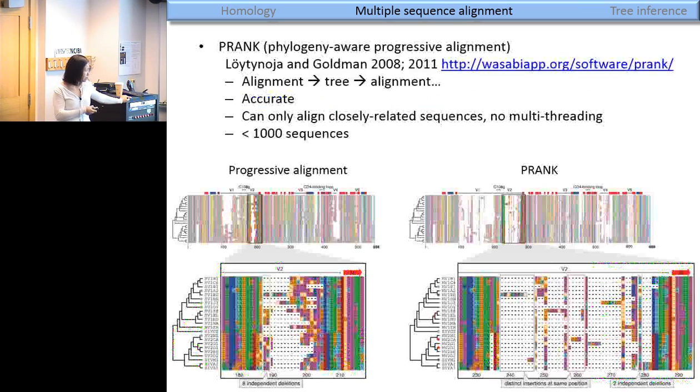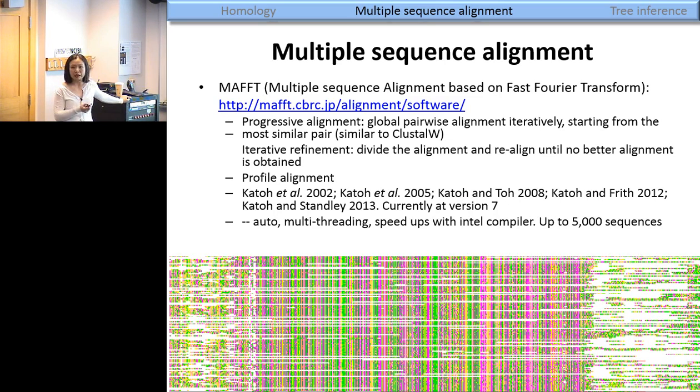But as you can see, MAFFT tends to over-align. What does that mean? Look at these areas that are relatively fast evolving. MAFFT sometimes doesn't know what to do. And so do ClustalW or MUSCLE. All these alignment tools have problems with these fast-evolving regions.